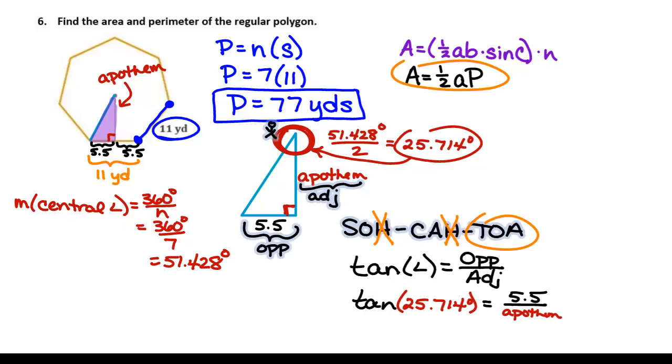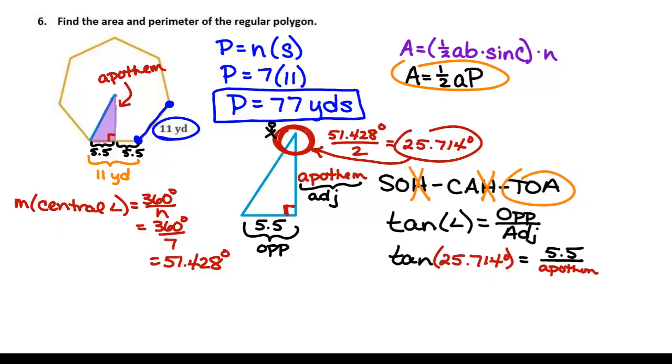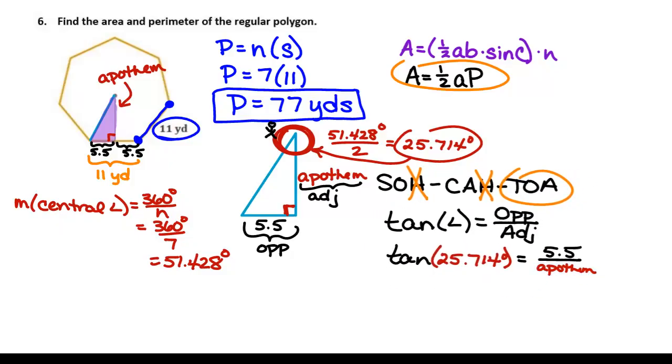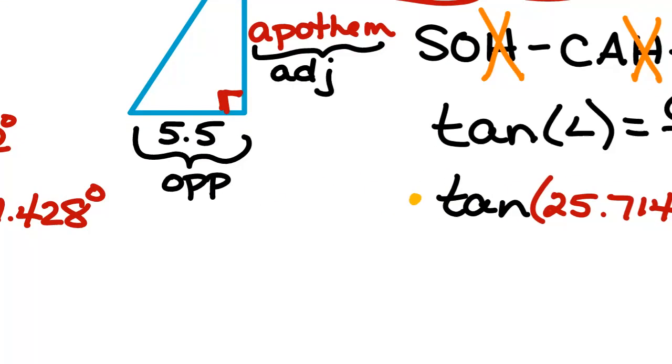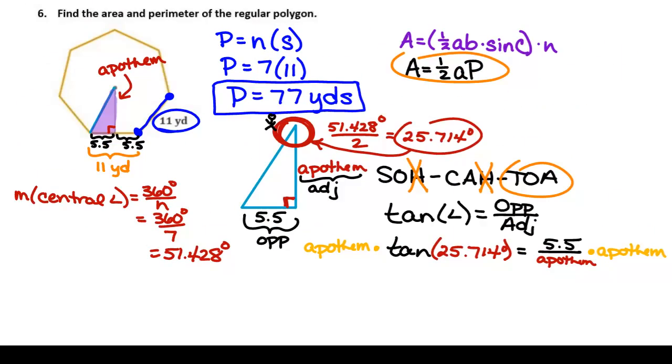Interesting. I have 5.5 in my numerator. I have the apothem in the denominator. What do I need to do to get the apothem out of the denominator? Multiply. We're going to multiply by the apothem. So it cancels out over there.